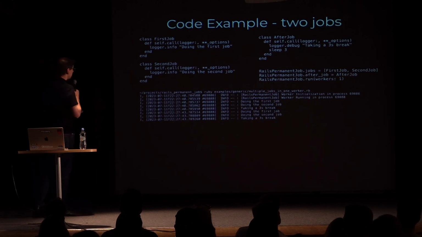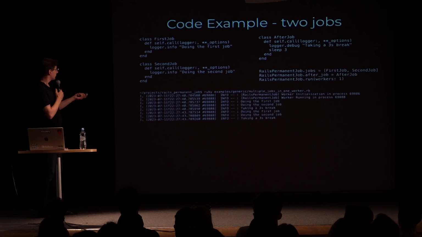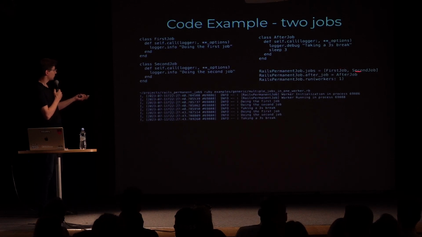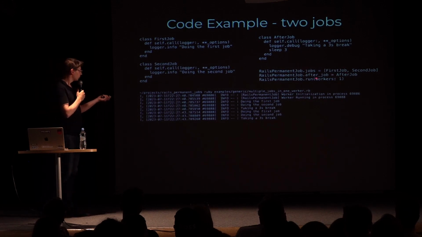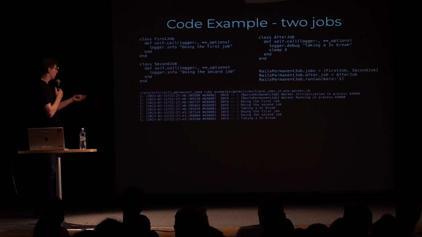So let's take a bit more complicated example. Let's have two jobs, first and second, of course. We provide those two jobs to Raise Permanent Job in an array, but also we add something called after job. So what does it mean?